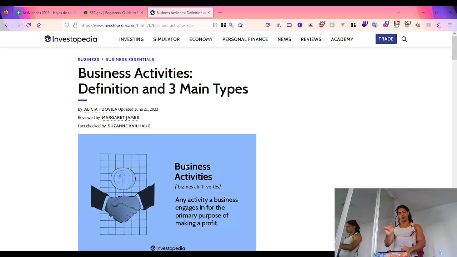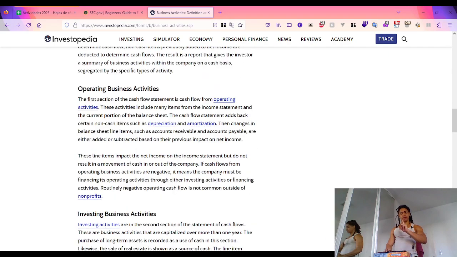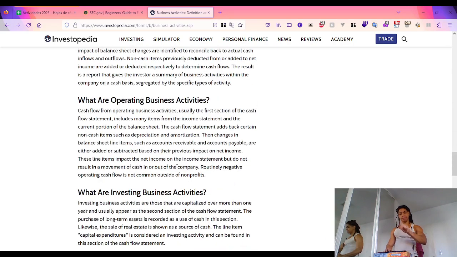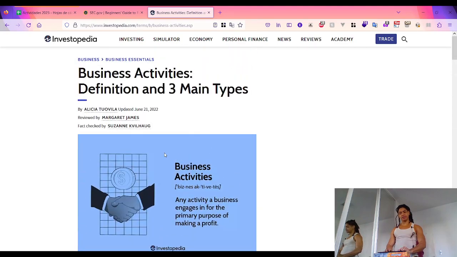But the point here is to understand the main definition of business activity, and also where the definition comes from, Investopedia, and to distinguish the 3 main business activities, right?